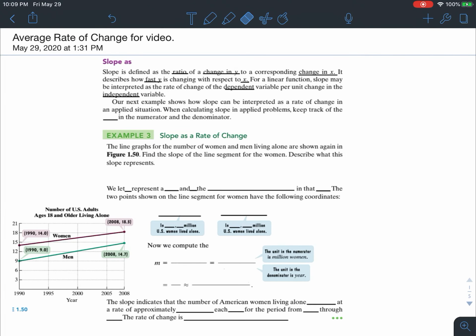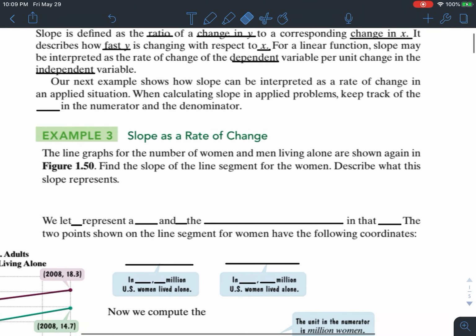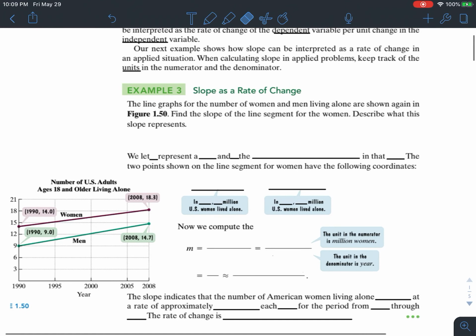When you're calculating slope in real problems, you need to keep track of the units. It's really important that you keep track of the units. Okay, so we're going to look at this graph over here. Number of women and men living alone are shown in this figure. Find the slope of the line segment for the women.